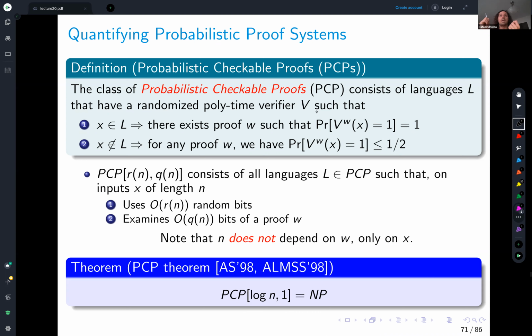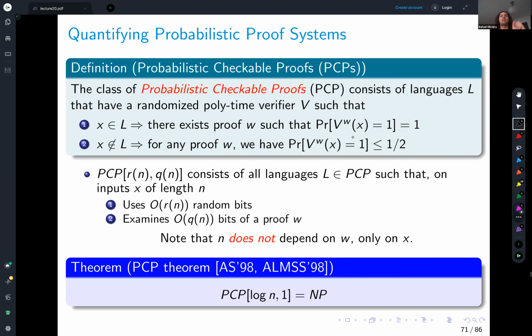But here what we're saying is that this language is in NP if and only if we can also have a probabilistic checkable proof, which uses log n random bits and queries the proof in constantly many entries.